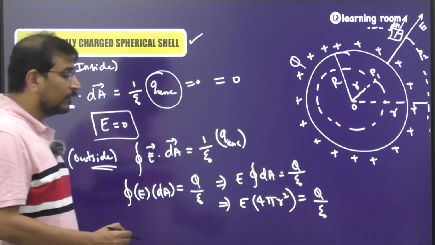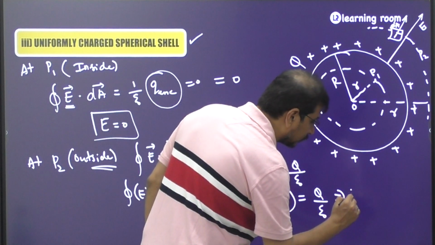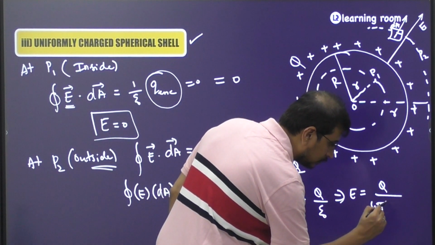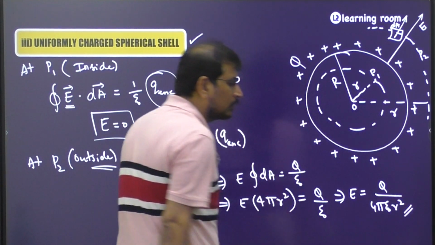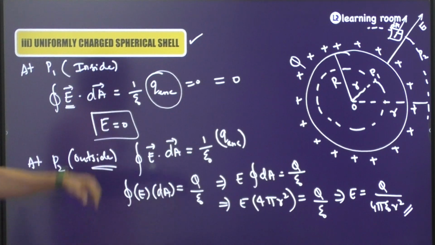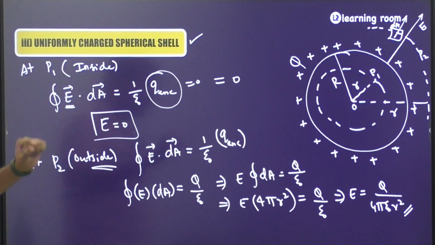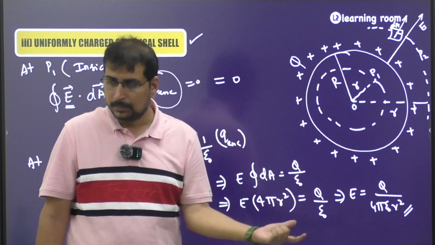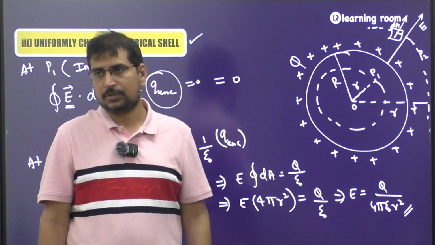Right. So what will be the value of E? Q divided by 4 pi epsilon naught r square. That's it. So this is the value of the electric field at a point outside the spherical shell. If you see, outside the spherical shell, it is acting similar to a point charge.